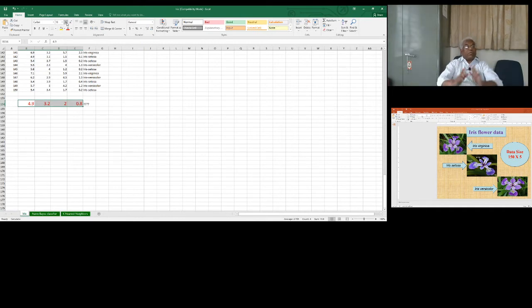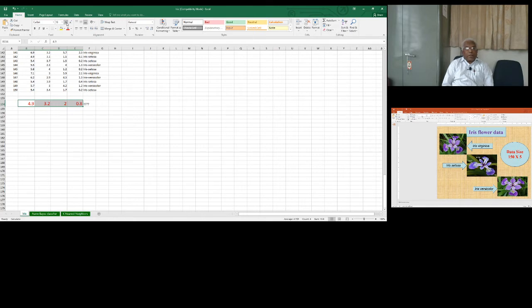This is what we have to answer. This is another flower, the 151st flower, with sepal length 4.9, sepal width 3.2, petal length 2, and petal width 0.8. The question is, to which species does this flower belong?